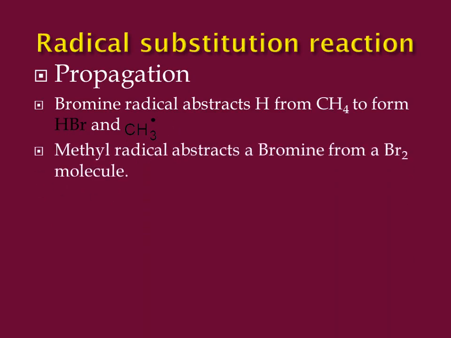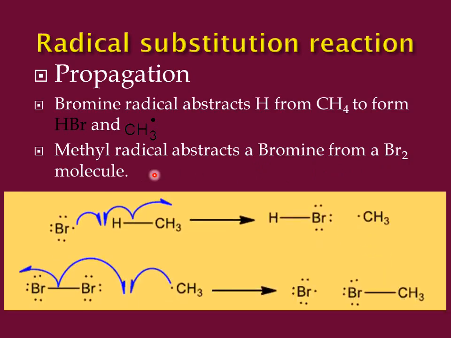Let us look at the chemical reaction. So this is the bromine radical which was generated in the initiation step. It is going to make a bond with this hydrogen atom after the homolytic cleavage of this C-H bond, generating a methyl radical and making a neutral HBr molecule.